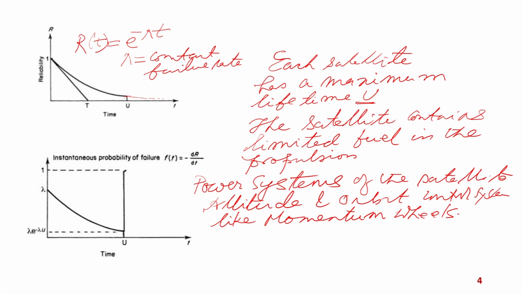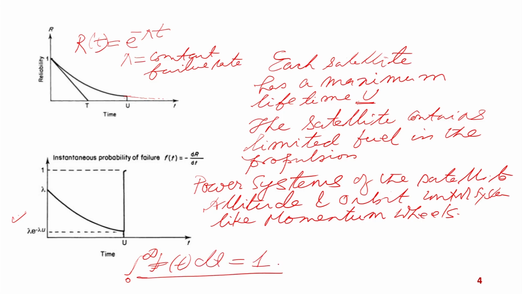Now the modified failure rate you can see in this figure. Here also after u it becomes 0, but as a property of the probability density function, if you integrate over the total time space, that is 0 to infinity, then the integral of f(t) dt has to be equal to 1.